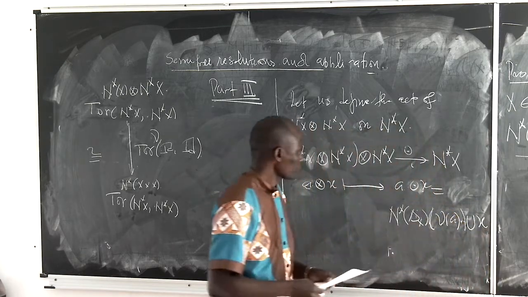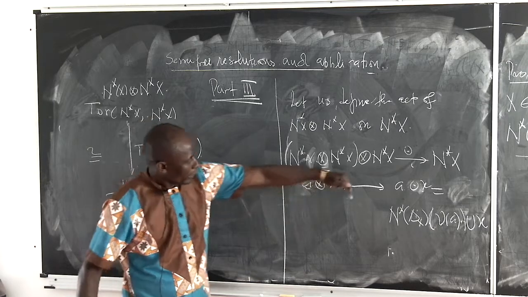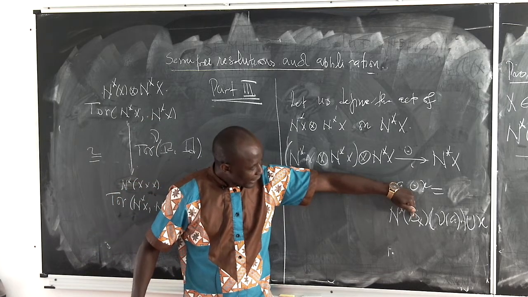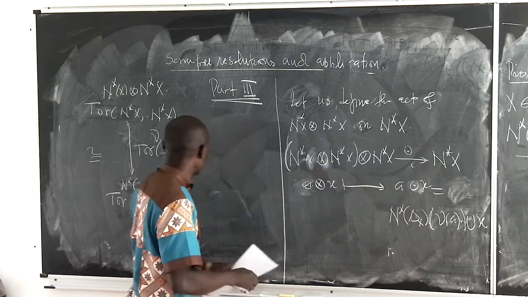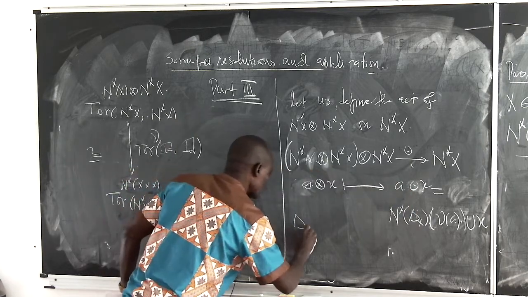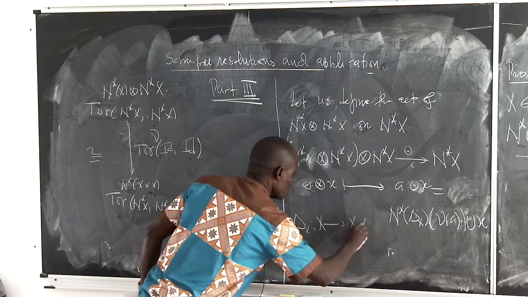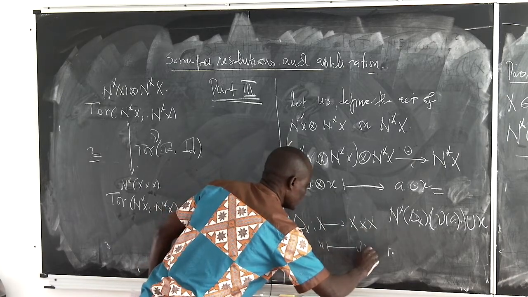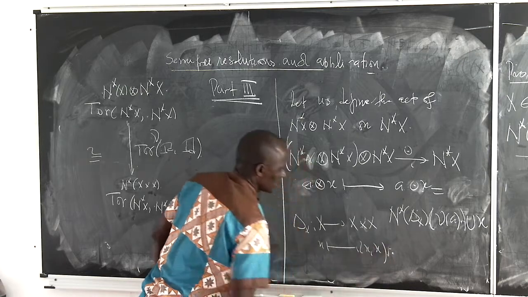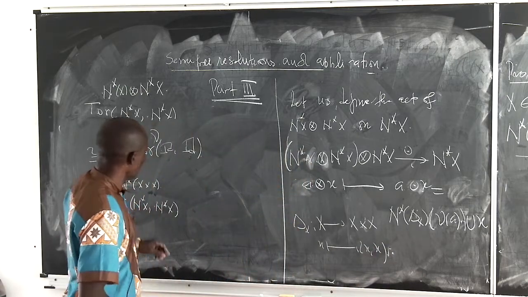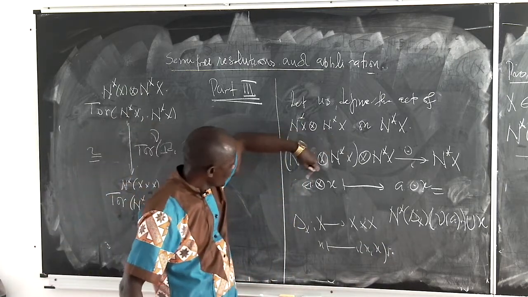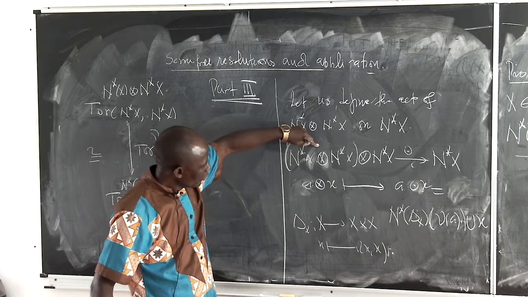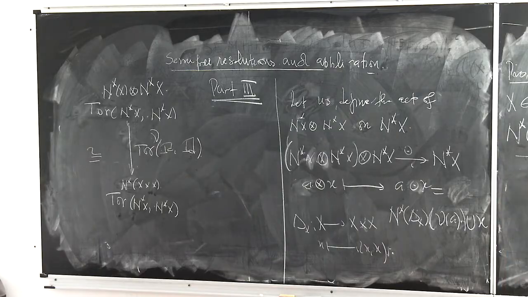Delta X here is the usual topological diagonal. That is, the map Delta X here is a map from X to X cross X, which assigns to any x the pair x, x. So when you consider our A here in this tensor product, by this map we obtain something here.